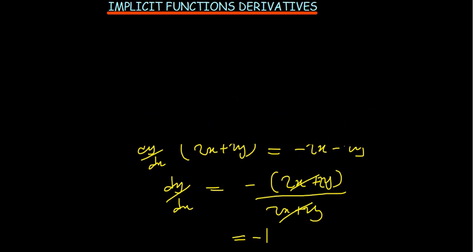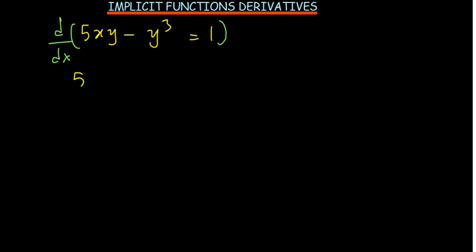Let's look at another one. If we have 5xy minus, let's say, y to the power 3 is equal to 1, how do we get the derivative? Just as we've always been doing, d over dx of this function. Here we also have a product, so let me first factorize out a constant.